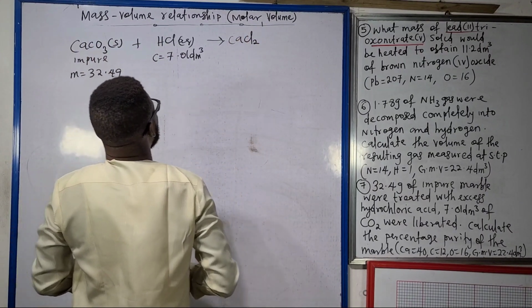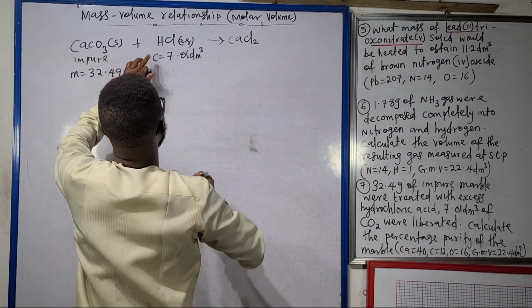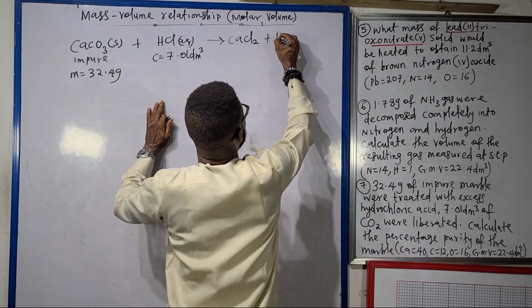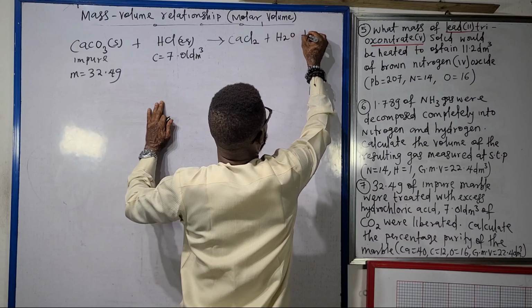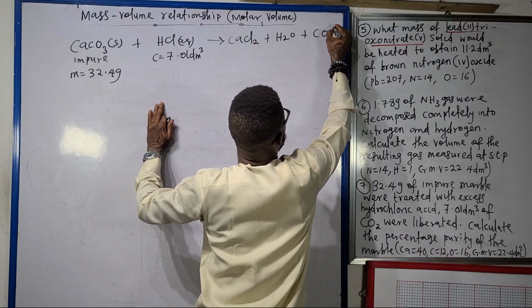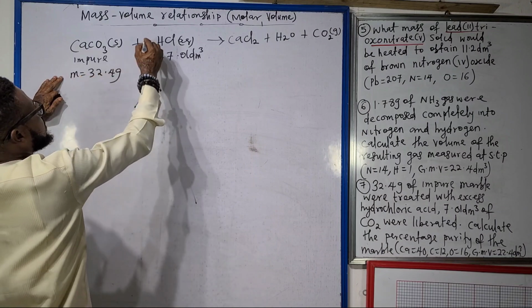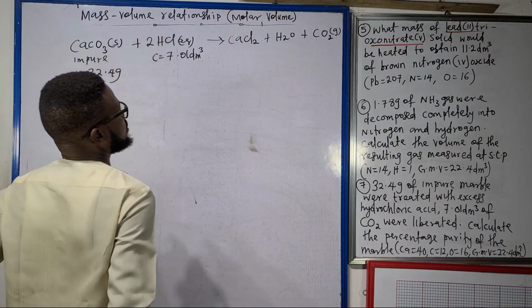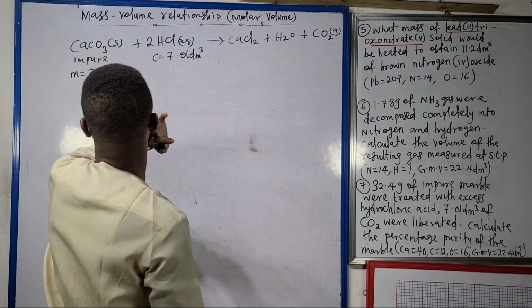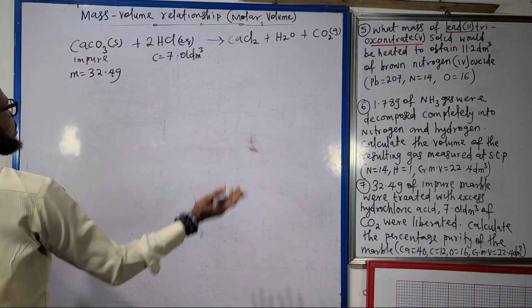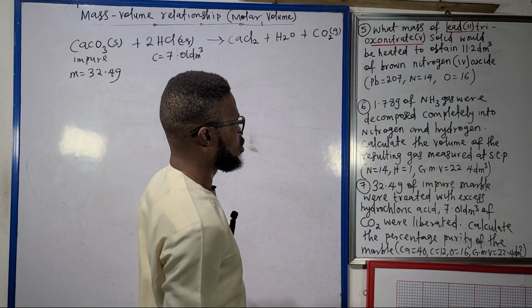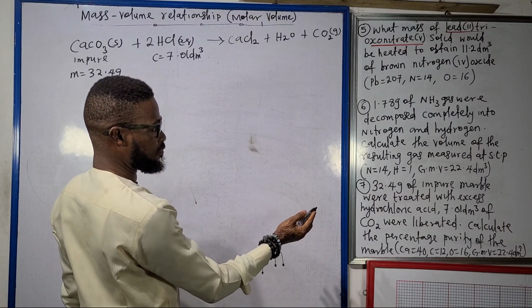Okay, and water is going to be formed, H2O, and of course carbon dioxide gas will be liberated. So to balance this, this is going to be 2, and this is just a balanced equation: CaCl2, H2O, CO2 gas.